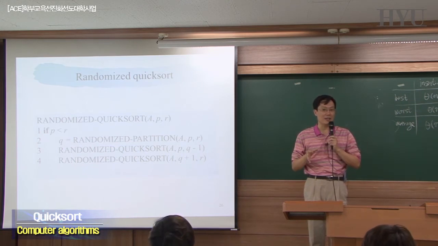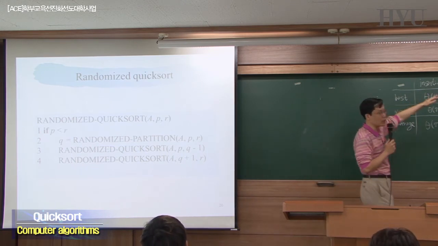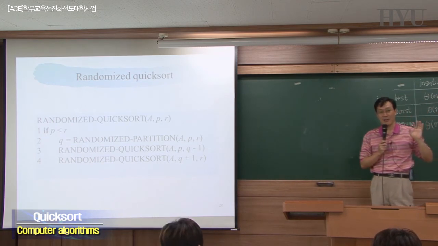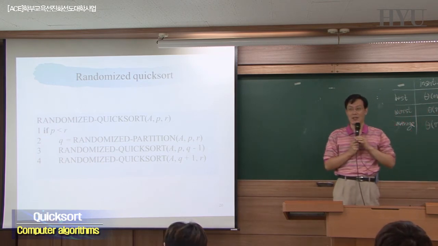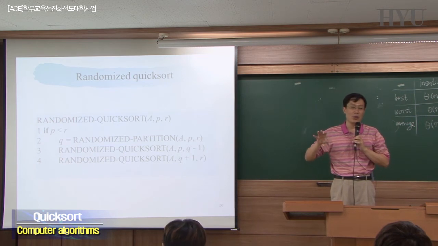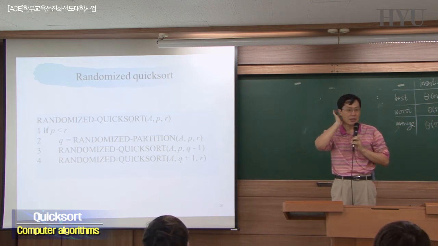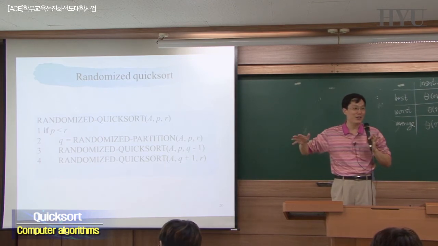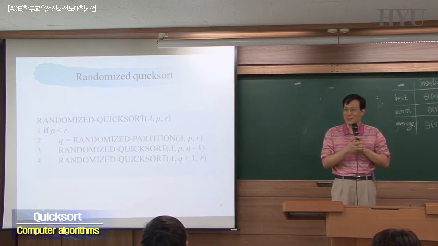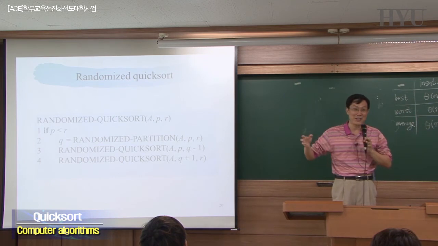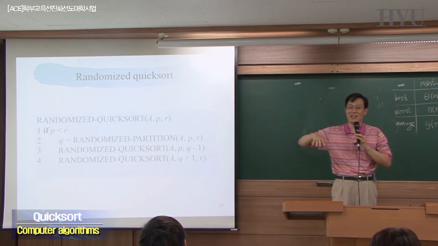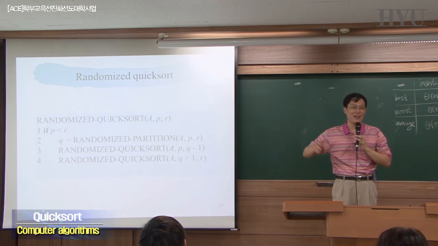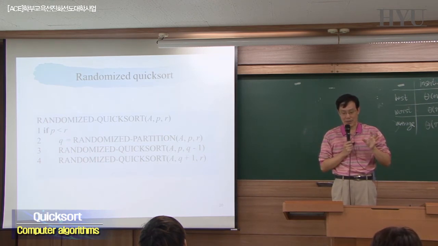I'm not saying that the quicksort becomes faster. I'm saying that the worst case performance can be moved to another layout, not the sorted example. That's the main point. And it becomes different in every run.